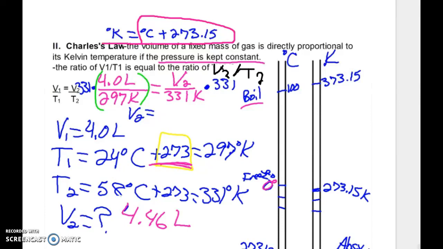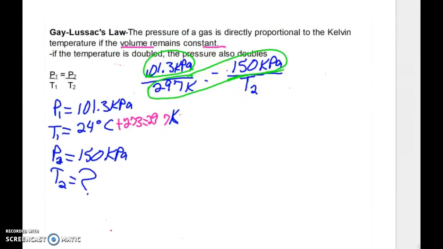It looks perfect. The third gas law is called Gay-Lussac's gas law. This looks at the relationship between pressure and temperature, so it doesn't deal with volume at all. It says the pressure of a gas is directly proportional to the Kelvin temperature.